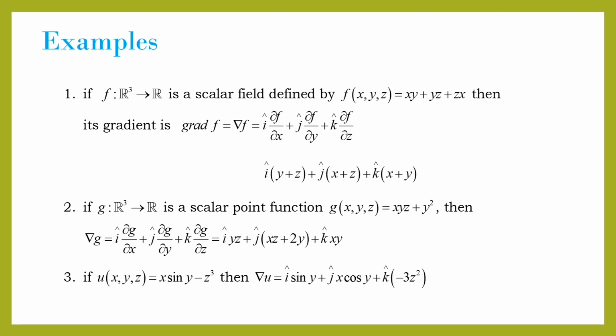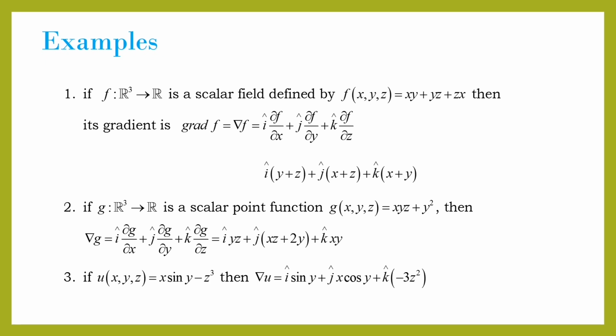For this function, ∂u/∂x equals sin y, ∂u/∂y equals x cos y, ∂u/∂z equals minus 3z square. If we want to find out del u, the gradient of this u, we get grad u equals i cap ∂u/∂x plus j cap ∂u/∂y plus k cap ∂u/∂z.